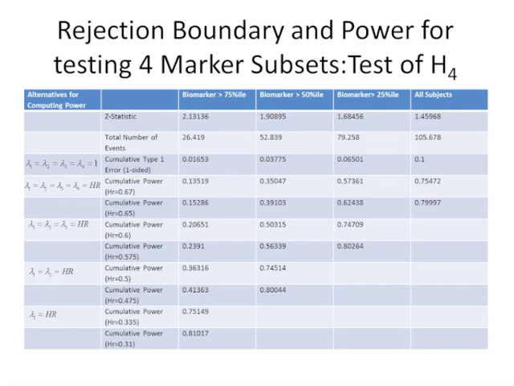Note that our alternatives are of the form, for example, lambda 1 equals lambda 2 equals 0.75. That is, the alternatives have a constant hazard ratio across the subsets being examined for power. This is because we are using a formula for calculating the power that requires constant hazard ratio. Power calculations for non-constant hazard ratio alternatives require simulation.